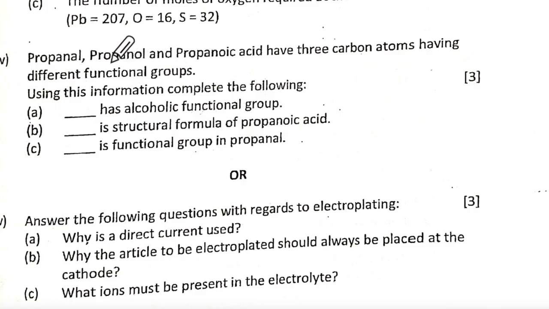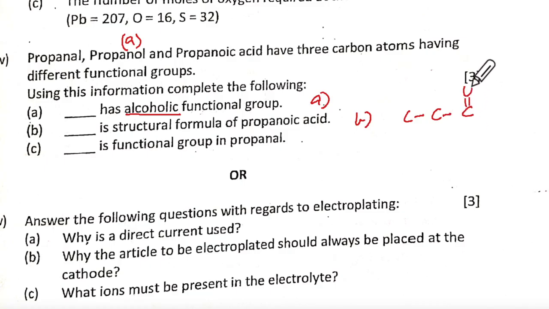So propanol, propanal, propionic acid: 3 carbons, different functional groups. Which one has alcoholic, meaning OH? OH means alcohol, so it will be propanol. Right over there, A is propanol. The structural formula of propionic acid: 1, 2, 3.